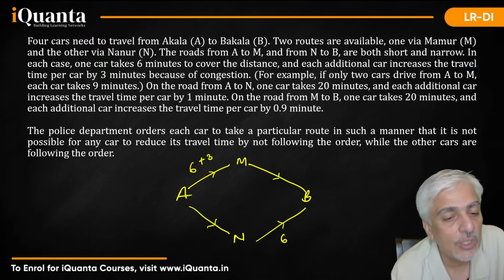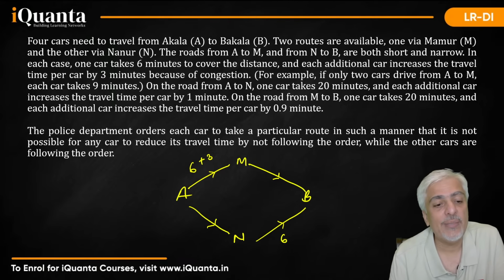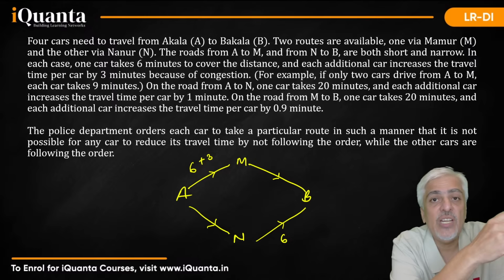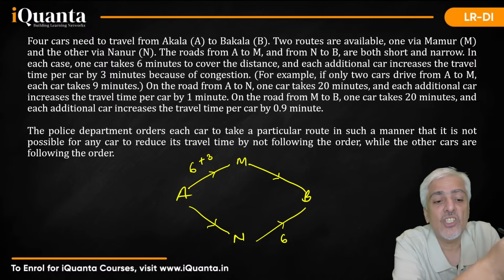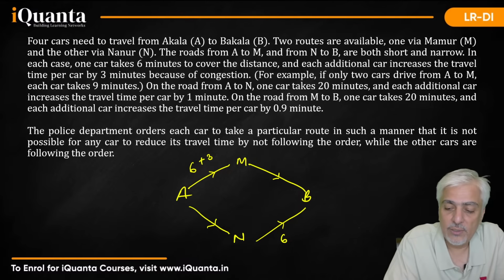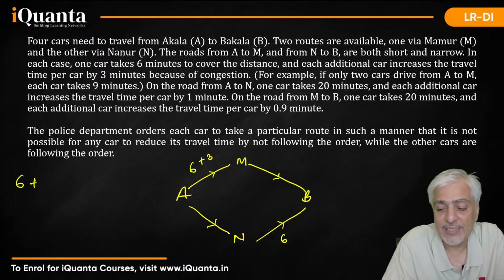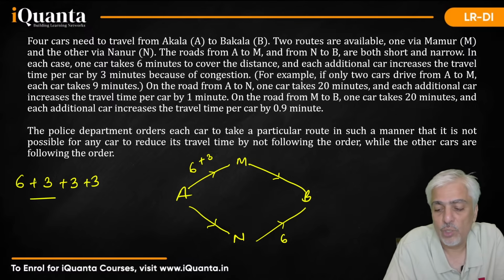If 3 cars go, all three will take 12 minutes. And if 4 cars go, all four will take 15 minutes. I'll repeat this part again. Every car added, congestion increases by 3 minutes. Original time was 6 minutes. If only one car is going, it is 6 minutes, plus 3 if 2 are going, plus 3 if 3 are going, plus 3 if 4 are going, in both the cases.